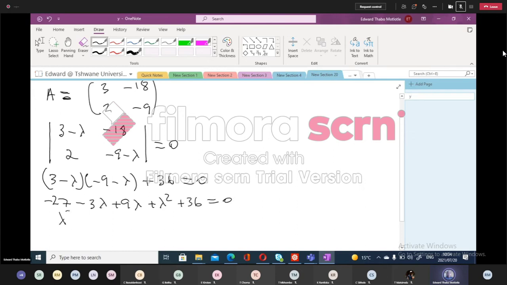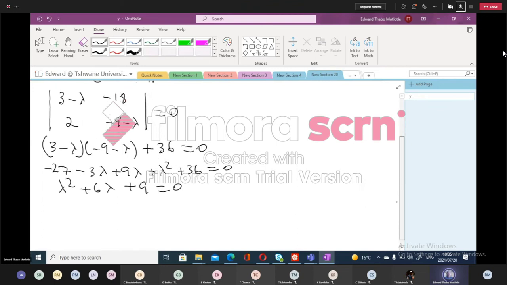So this becomes lambda squared plus 6 lambda plus 9, and this is equals to 0. So here we end up with lambda equals to minus 3 twice.